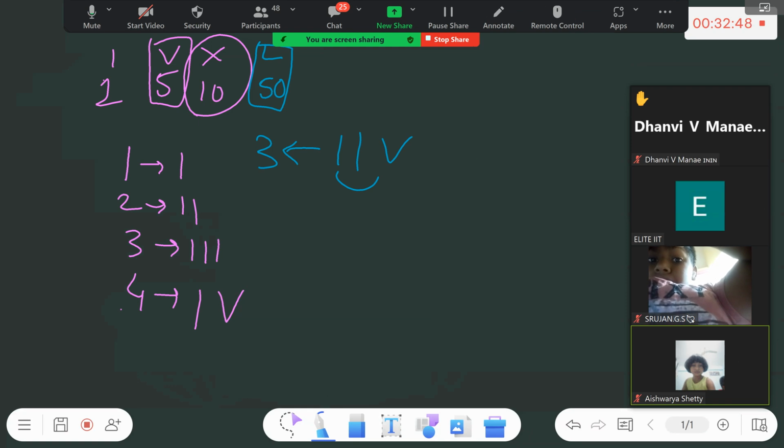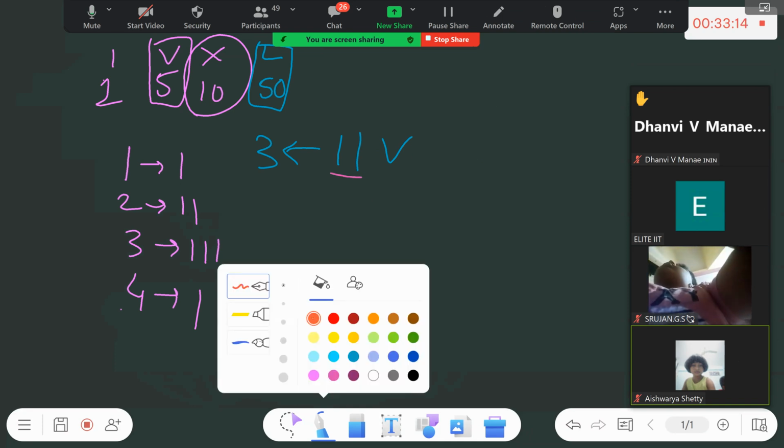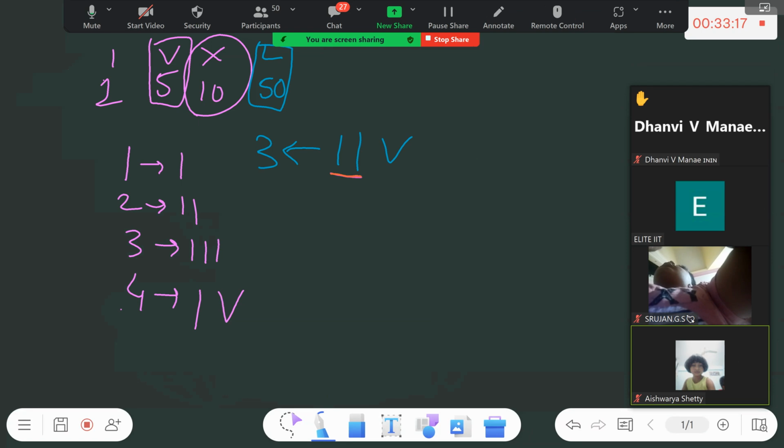First of all, the rule is that any small Roman numeral, if you write it on the left side of a bigger Roman numeral, you cannot repeat it more than once.